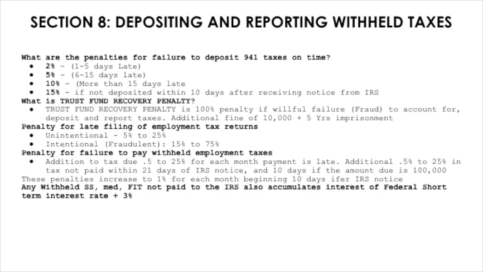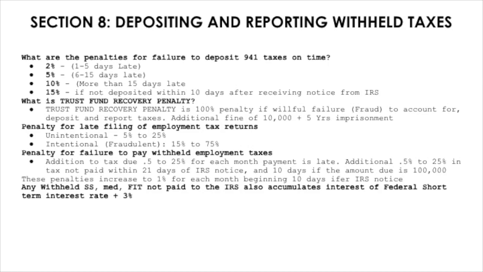Next is penalty for the late filing of employment tax returns. Unless an employer has the reasonable cause and is not guilty of the willful neglect, the late filing of the Form 941 or other employment tax returns result in an addition to tax, the amount of which depends on how late the return is filed.